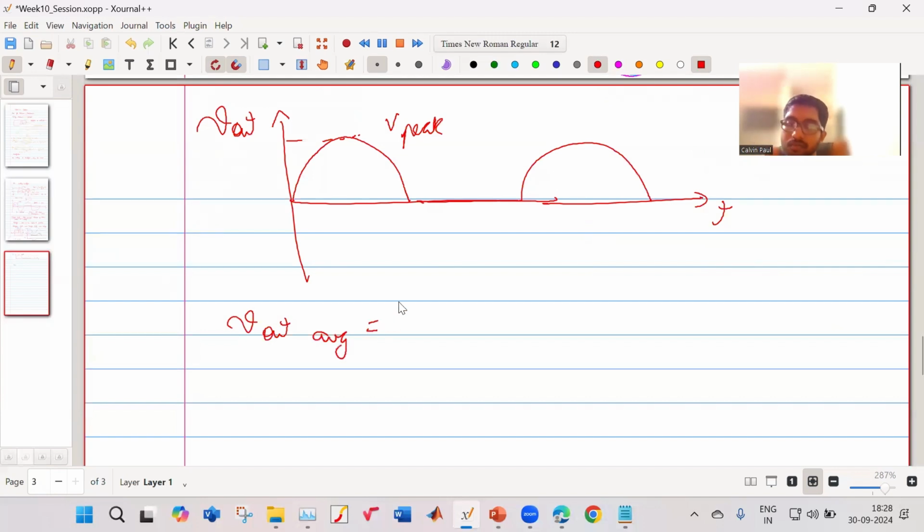How much is it? This is 0, pi, 2 pi, 3 pi. How much is your average? V peak by pi, sir. V peak by pi. Okay. So this is a very important relation. So it's advised that you remember it.